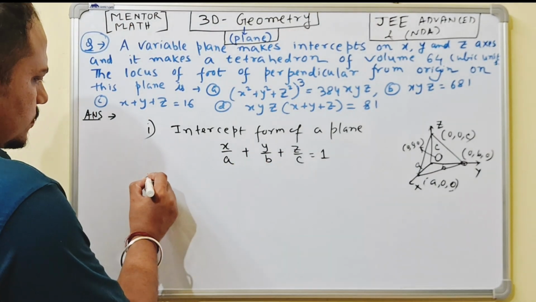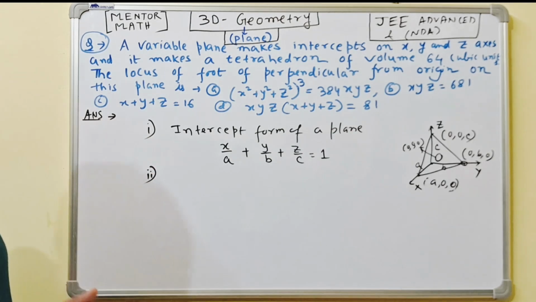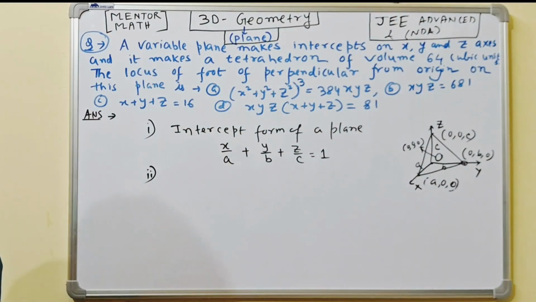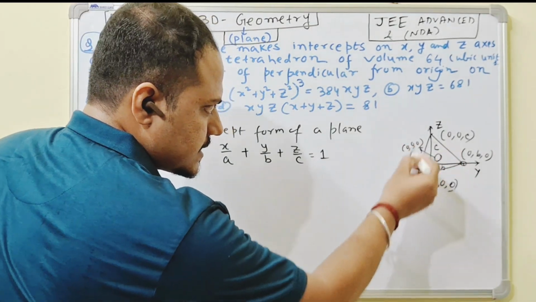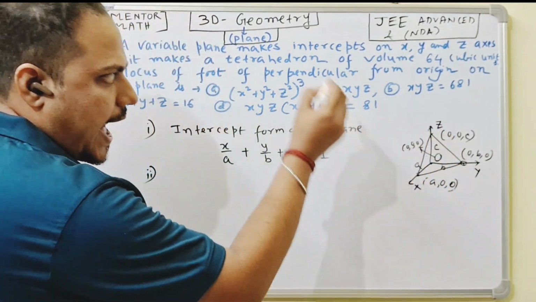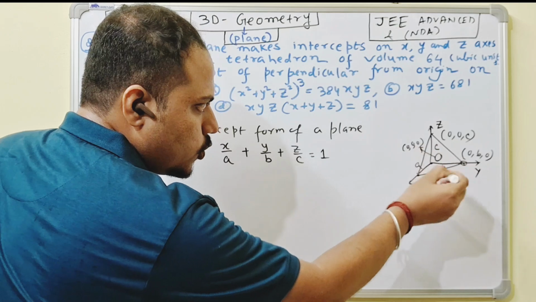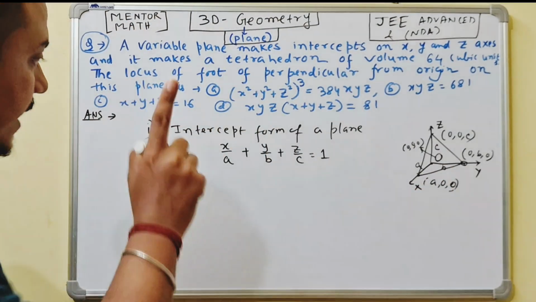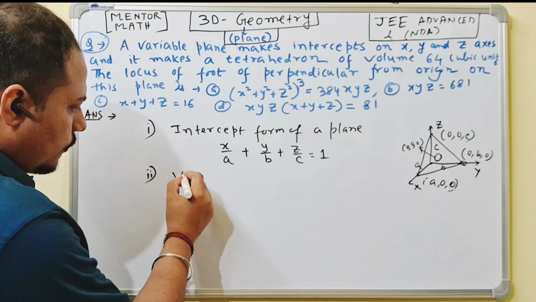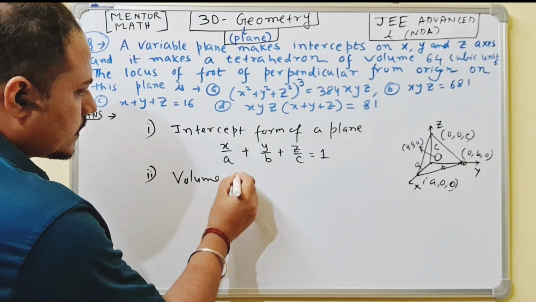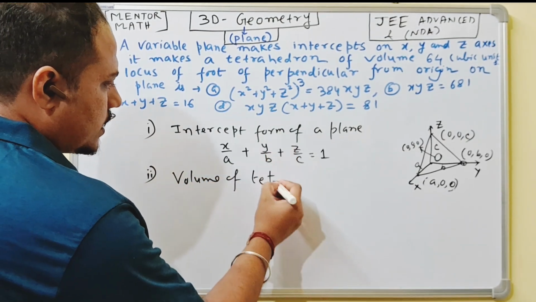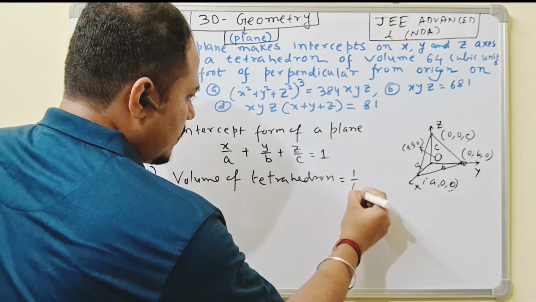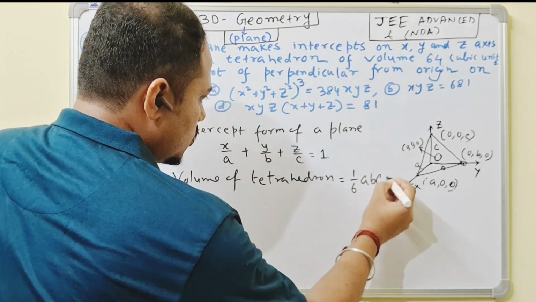Next comes the next concept: it makes a tetrahedron of volume 64 cubic units. This gives a tetrahedron, and according to your question, the volume of this tetrahedron is 64 cubic units, and you have to know the volume of tetrahedron formula, that is 1 by 6 into a into b into c.